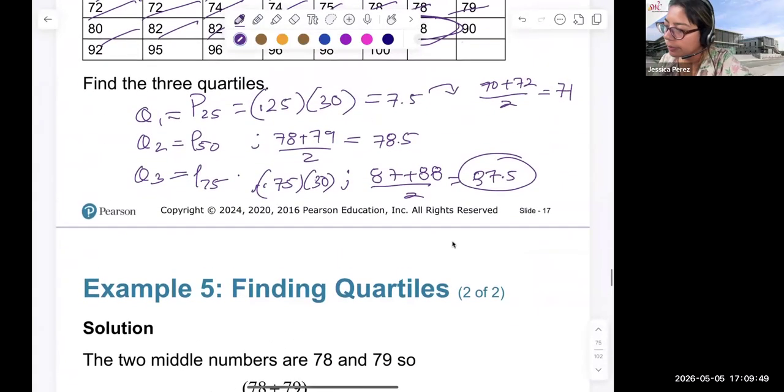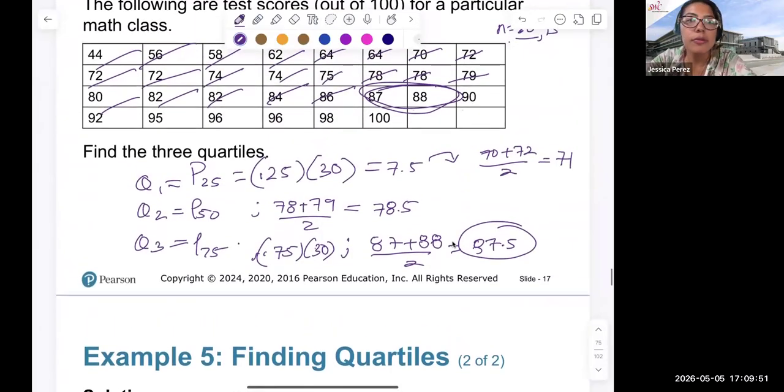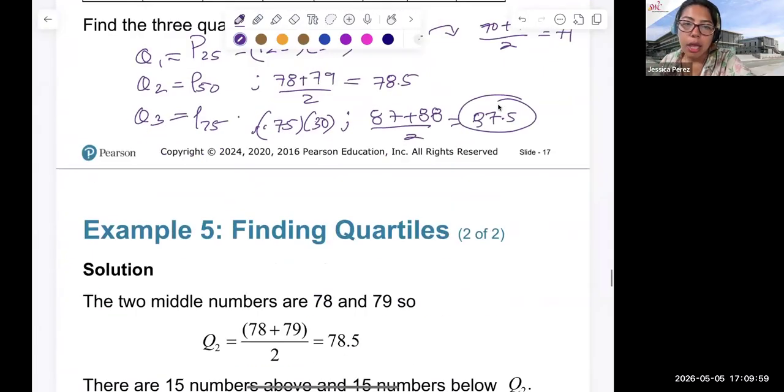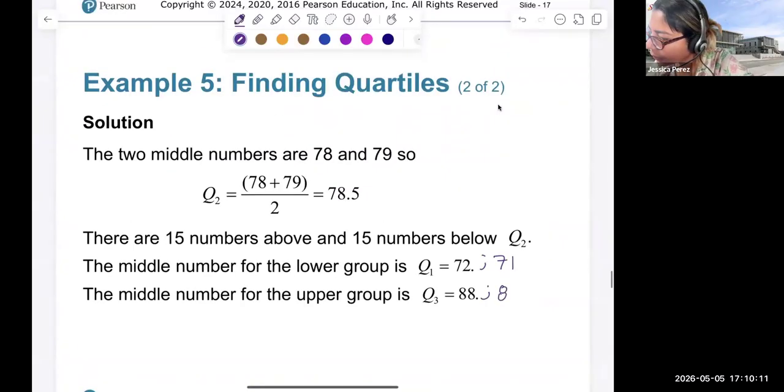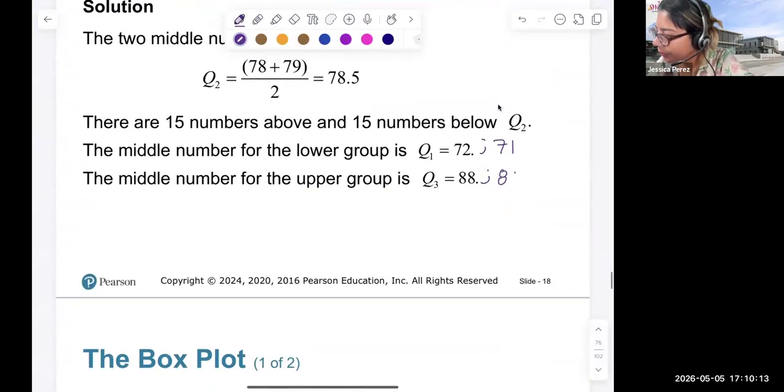So what they did was they used the median within the median, and calculated the median afterward. So they rounded. See how the value we had was 71 over here, and this was 87.5.